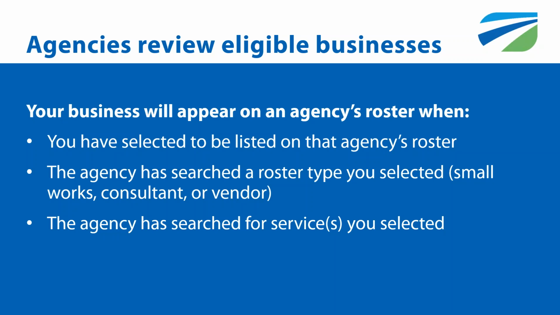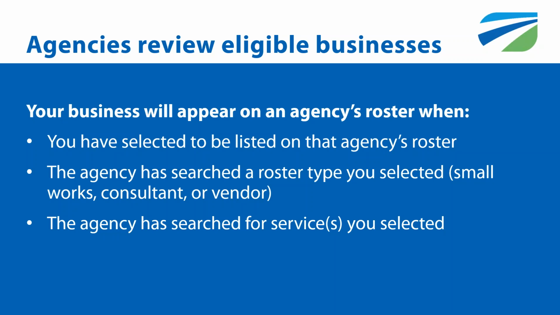You'll appear on an agency's roster when your business has selected to be on that agency's roster, and when the agency you're listed with has searched a roster type that you are on, so the small works, consultant, or vendor, depending, and then that agency has searched for a service or services that you selected and provide. So those are the parameters, essentially. You're not going to appear on a list otherwise.